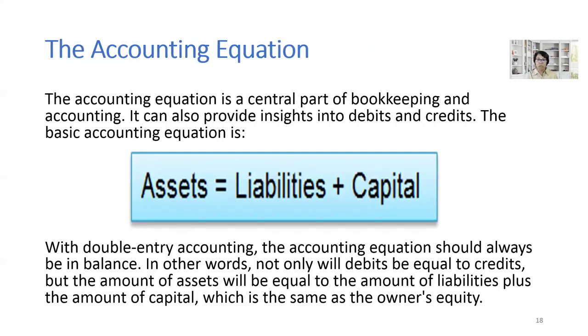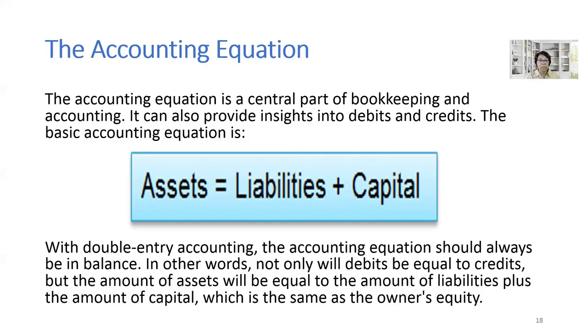Okay, I'm going to introduce the most used equation in accounting. This is like the foundation for accounting, and we're going to build on other things, but it all boils down to this equation.